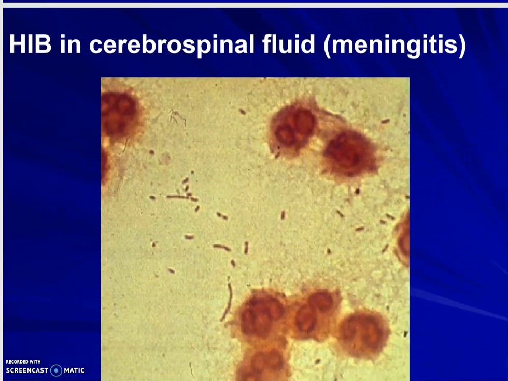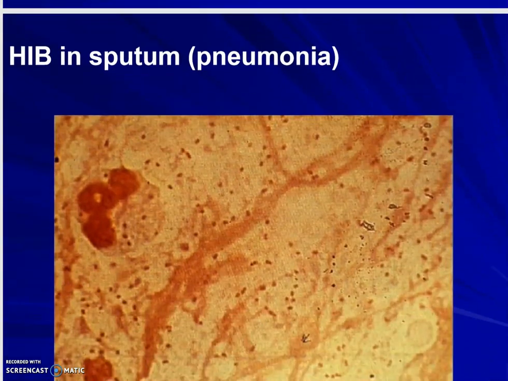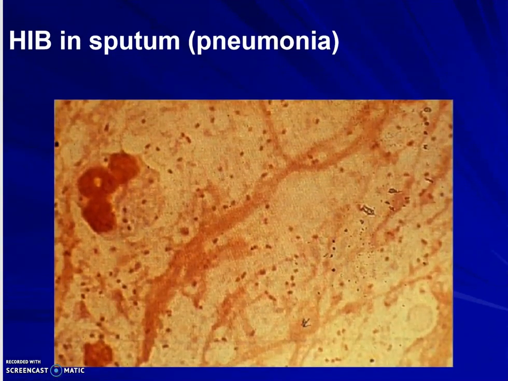So here would be Haemophilus influenzae type B in the cerebrospinal fluid of somebody with meningitis. You can see the bacterium right here in the cerebrospinal fluid. Here would be the Hib, the Haemophilus influenzae bacteria in the sputum of somebody with pneumonia, and there again you can see the gram-negative bacterium.